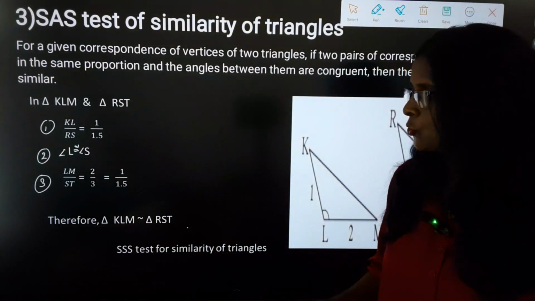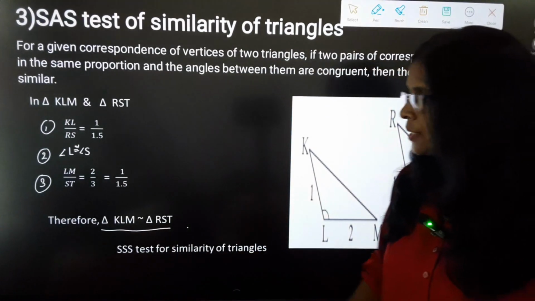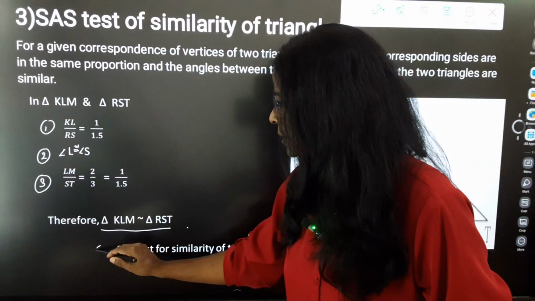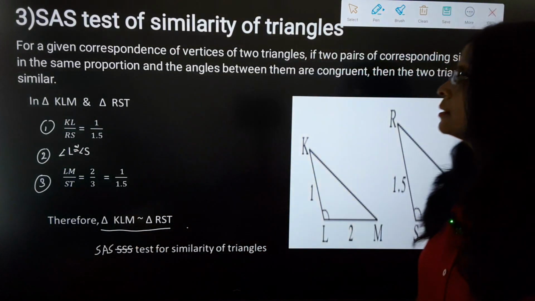So here we say triangle KLM is similar to triangle RST by the SAS test.